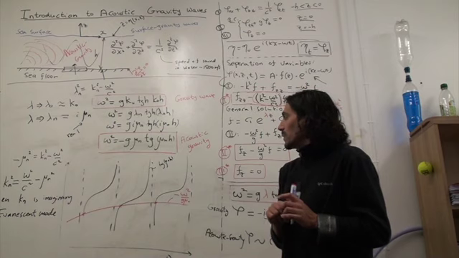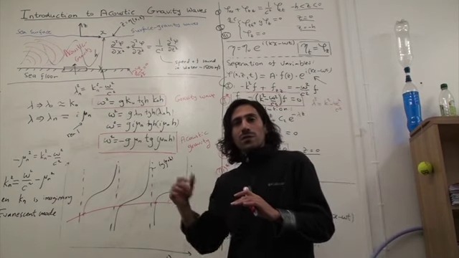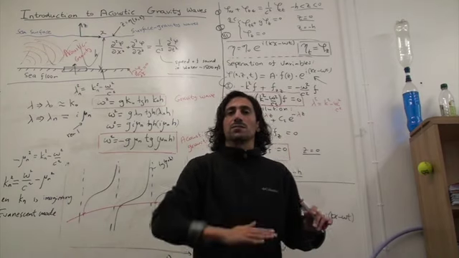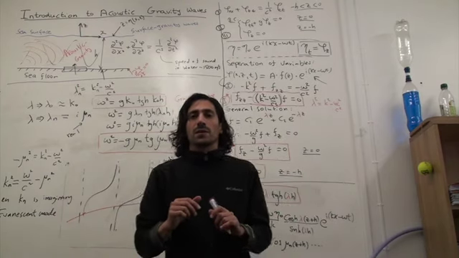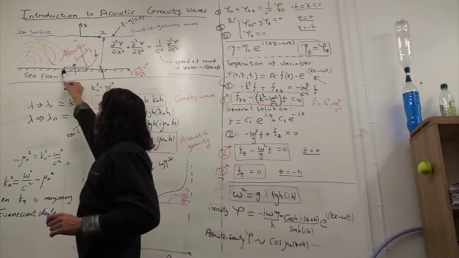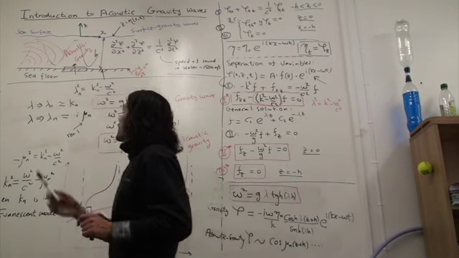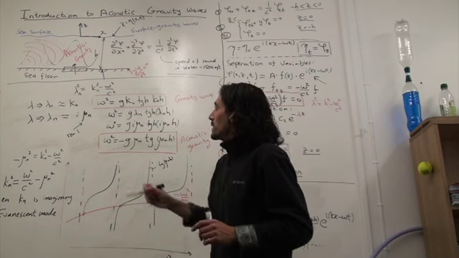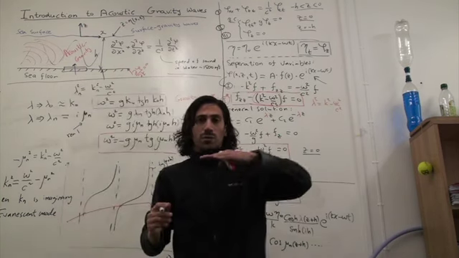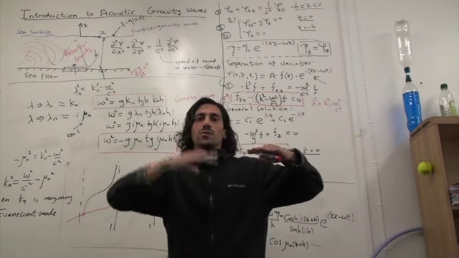One simple version of this question would be, what if the whole sea floor is moving up and down? Why do I say it's simple? Because you don't have this kind of discrete representation of the sea floor, right? In one place it's constant, and in another place it's moving up and down.